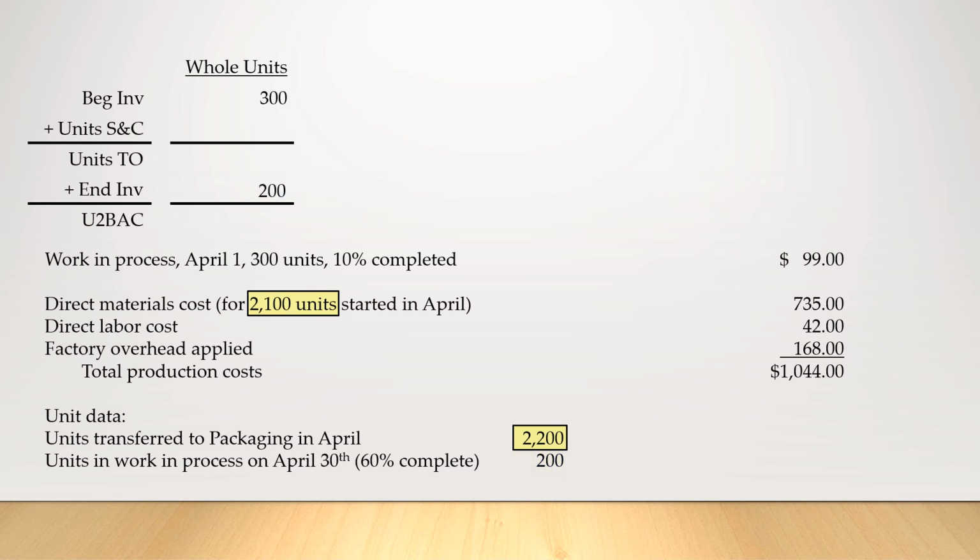The 2,200 units transferred to packaging are our inventory transferred out. Subtract beginning inventory from that number to get units started and completed, 1,900 units. Total units to be assigned costs are 2,400. The 2,100 units started in April ties to our units started and completed plus our ending inventory.